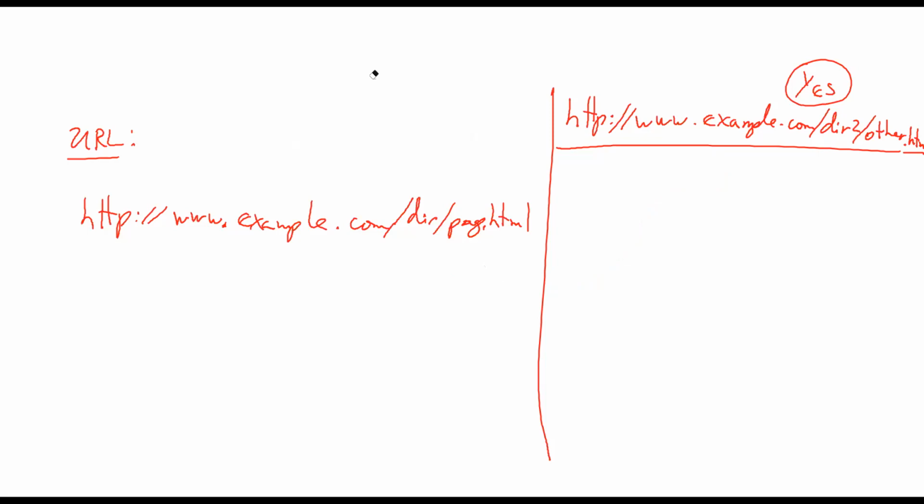So let's look at another example then. Let's say I'm going to do example.com colon 81, which is the port number, dir and f2.html. What about that one? Same or different?